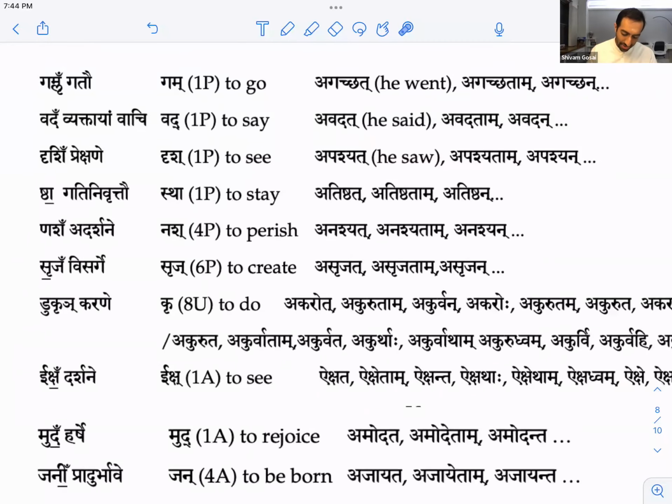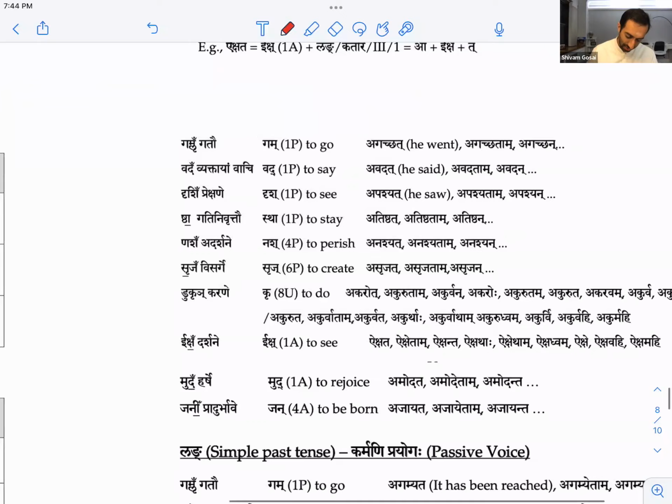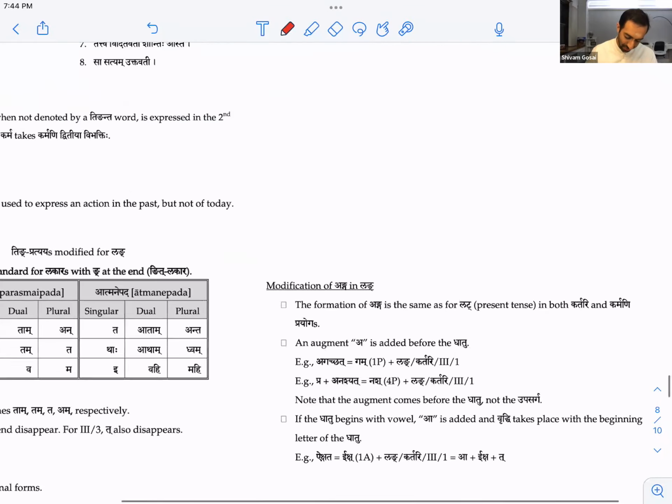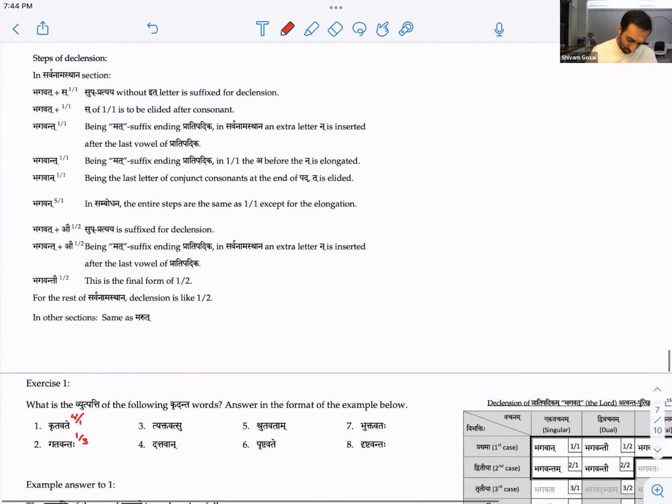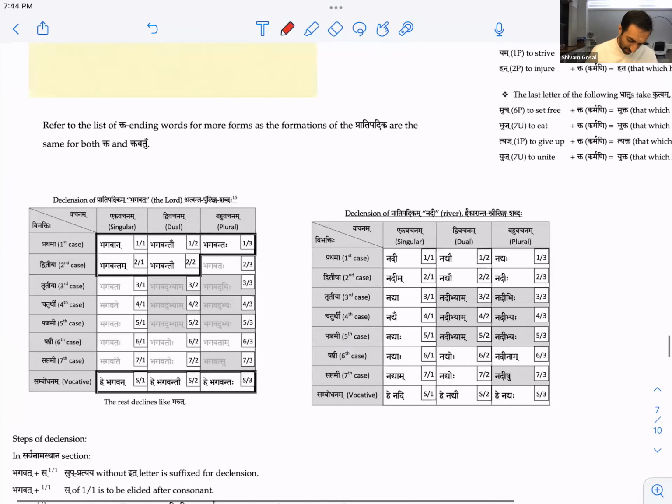Now if I want to give the meaning of avadat, I want to give a vigraha of avadat. So this means he, she, it said something. Okay. Now let's make that. If I wanted to make that, I can show you the formula for how to make that.